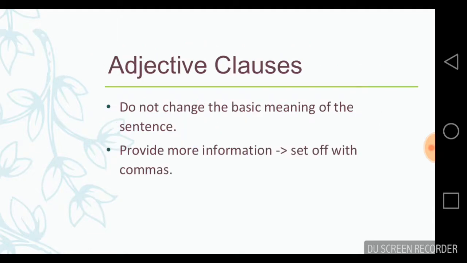Adjective clauses do not change the basic meaning of the sentence. In some cases, when they provide more information in a sentence, they need to be set off with commas.